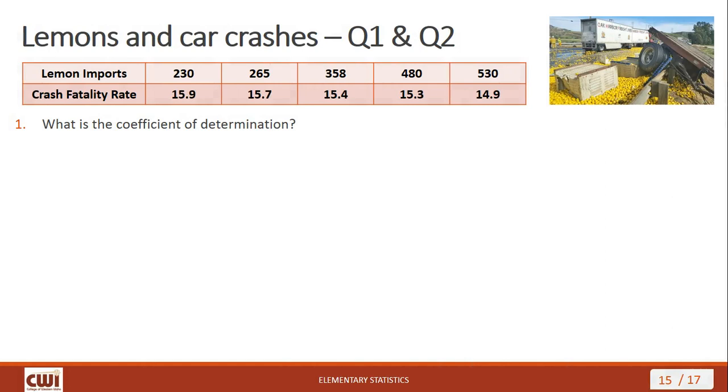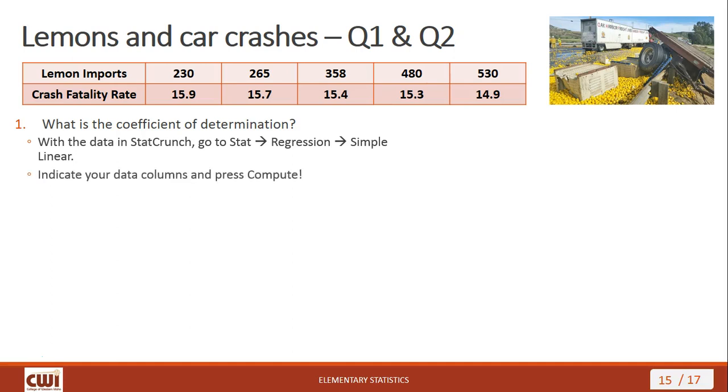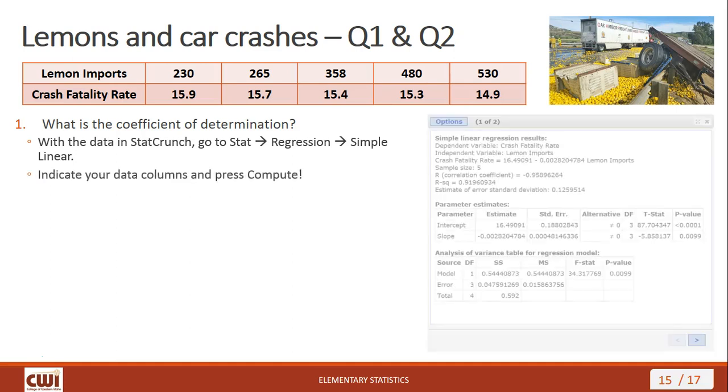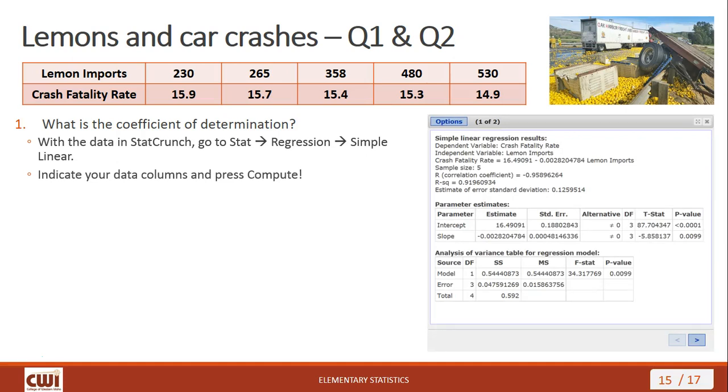So first question, what is the coefficient of determination? Well, if I don't actually have the R value handy, it's not that hard a matter to actually redo the analysis. Inside StatCrunch, go to Stat, Regression, Simple Linear, indicate your data columns, press Compute, and then when you get your results out, you can do one of two things.